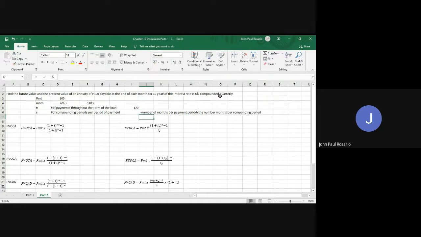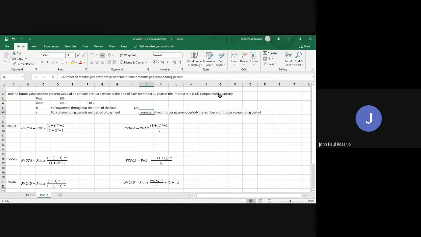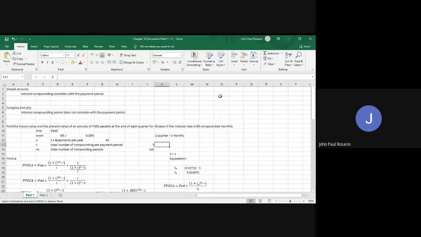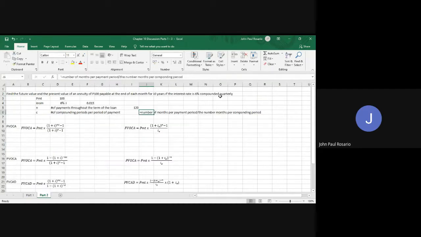If we use this formula on our first example, the number of months per payment period is 3, and we divide that by the number of months per compounding period, which is 1, you'll get 3. So that's your C, so you'll get a better idea on how to solve C.